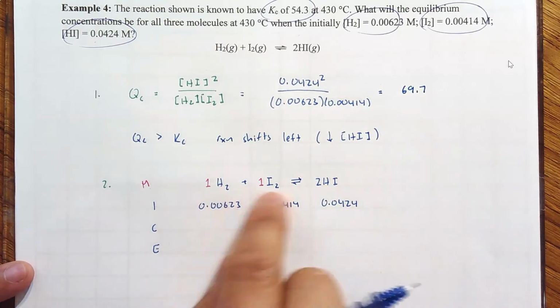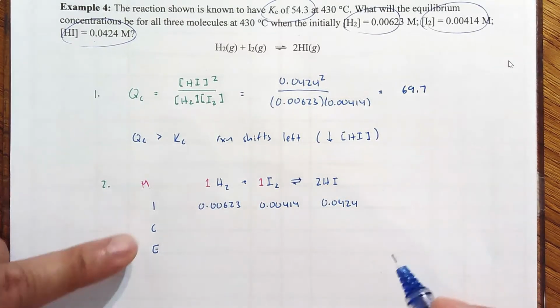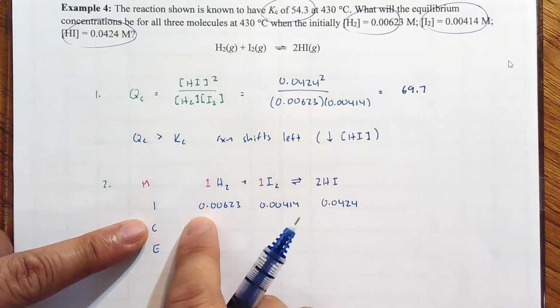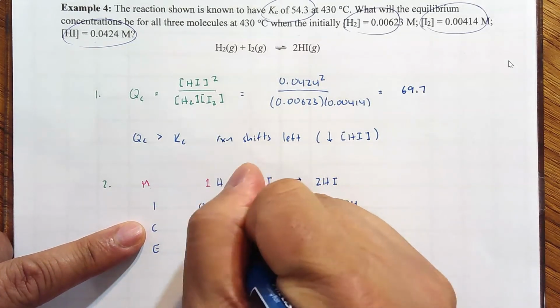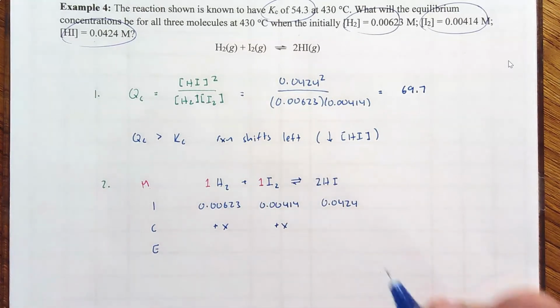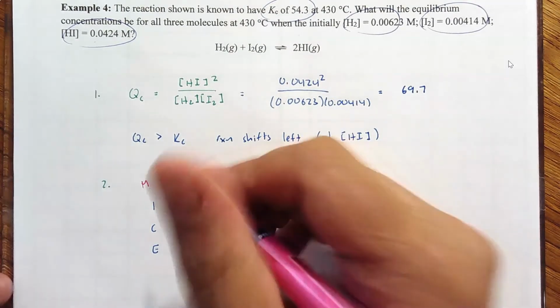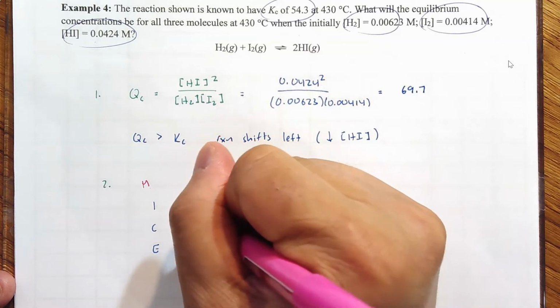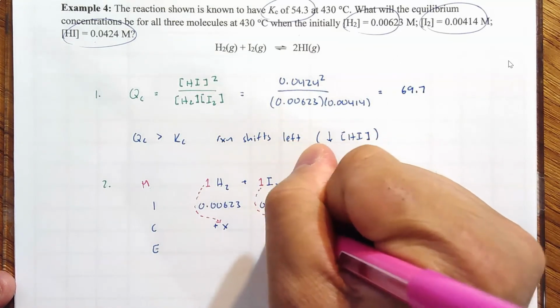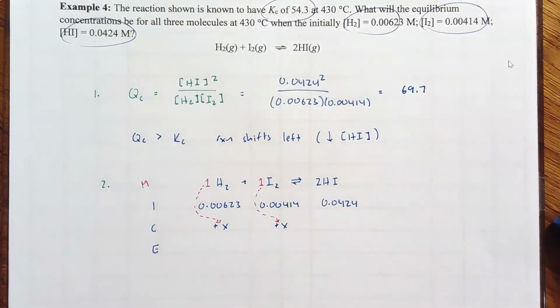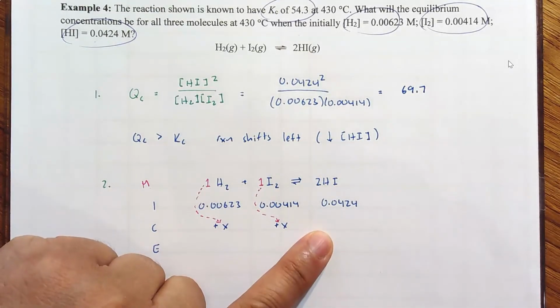I want to take care of these other coefficients. And because we are making product, because the reaction is shifting left, this would be a plus x, and this would be a plus x. Again, that coefficient is implied. It's plus 1x.